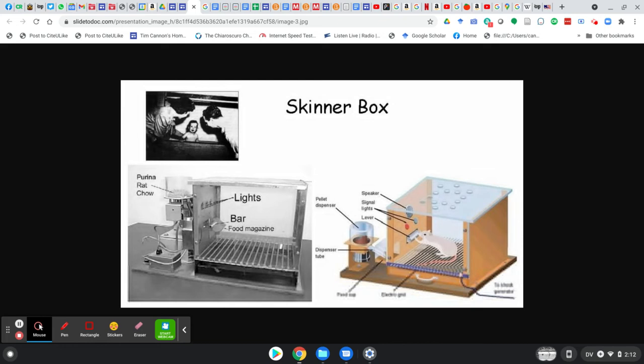Okay, so down below on the left, you have the real deal. Although there's a lie. It says Purina Rat Chow. No, those are specialized food pellets for operant chambers, and I don't think Purina made them. But on the right, there they are, a pellet dispenser. And there's bars in case you want to shock the animal. We'll talk about that later.